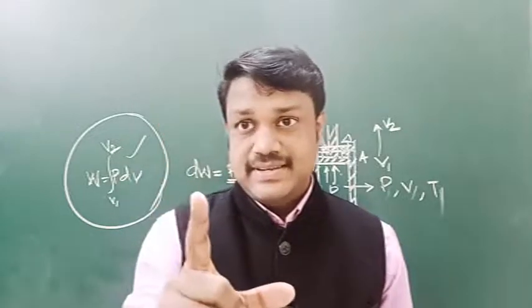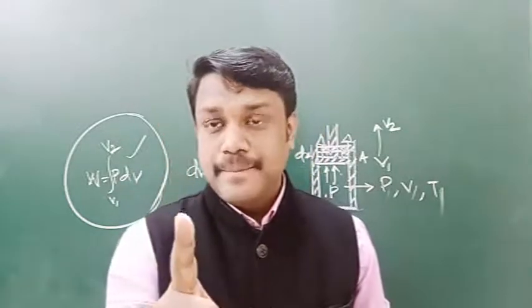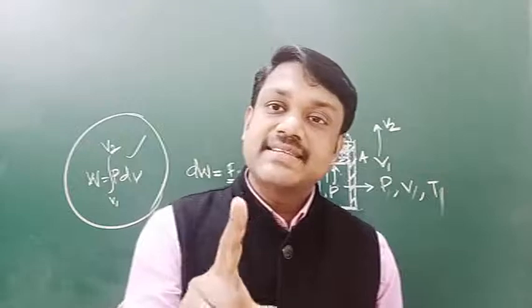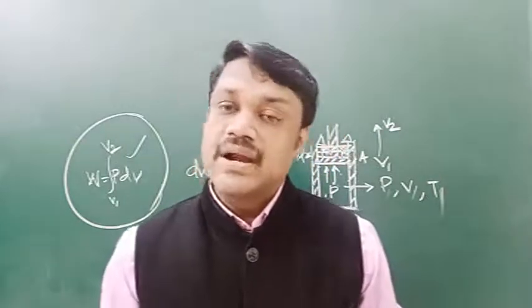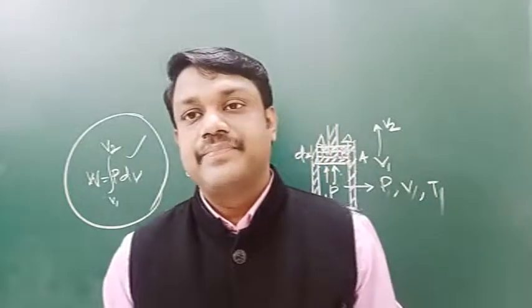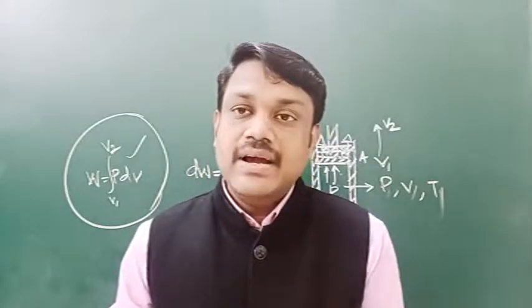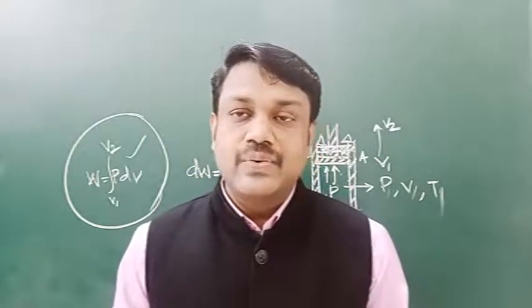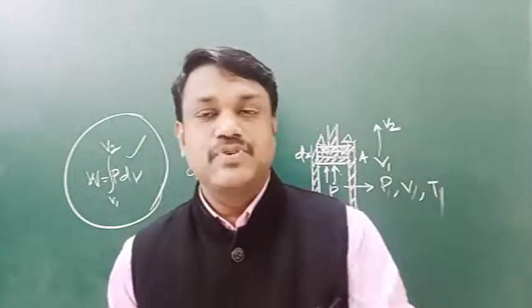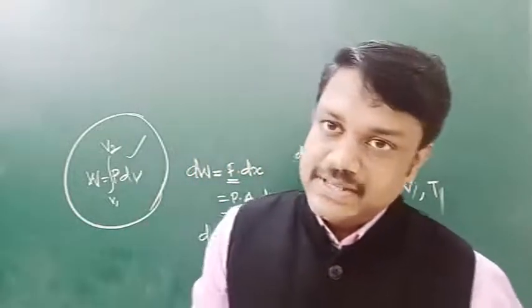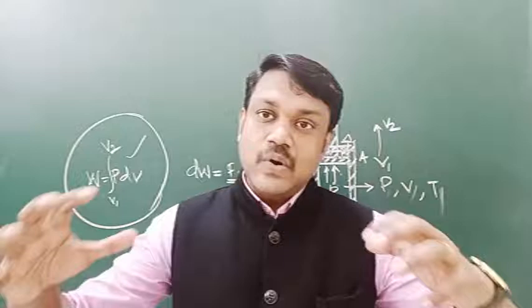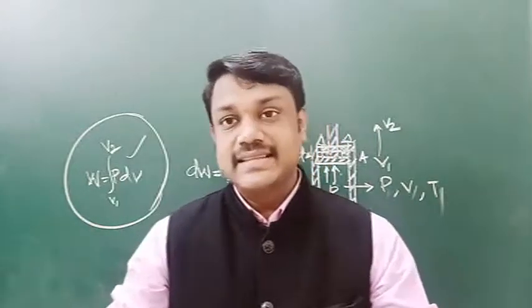Don't get confused. In terms of volume, work done by the system is positive, work done on the system is negative. In terms of energy, work done by the system is negative and work done on the system is positive. Work done on the system is positive means if the work is done on the system, its internal energy increases.